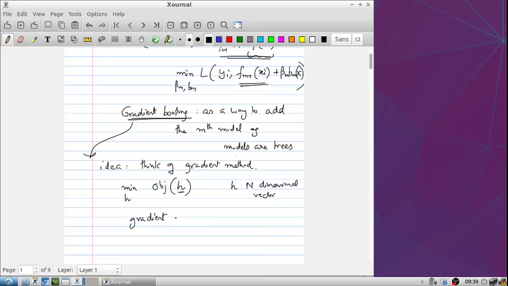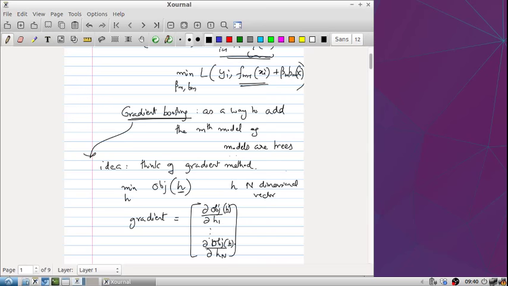The gradient is just the partial derivative of the objective with respect to the h1 coordinate, all the way to the partial derivative of the objective with respect to the nth coordinate. This will be the gradient, and sometimes this partial derivative depends on the current value of h, because the objective is a function of the whole vector.